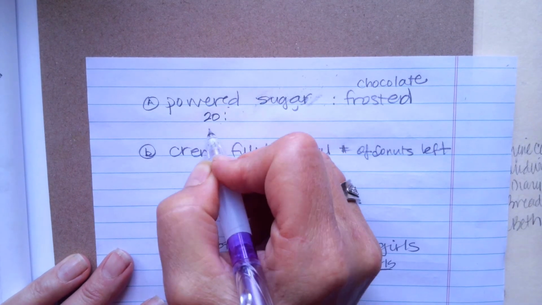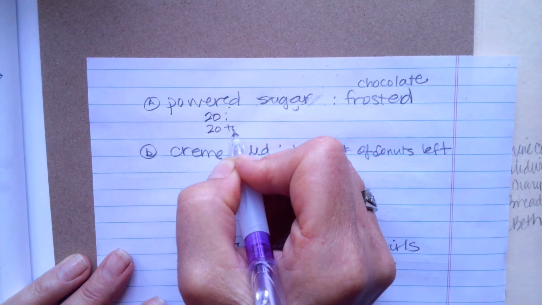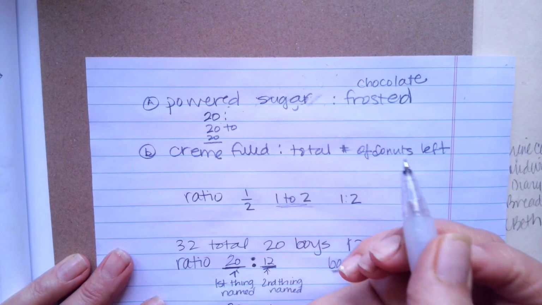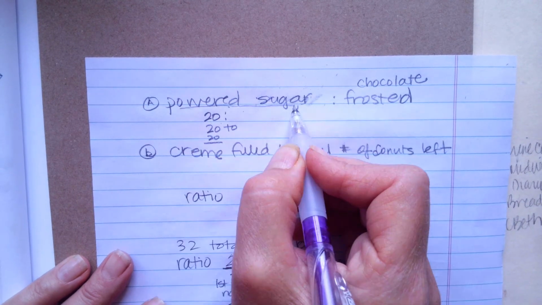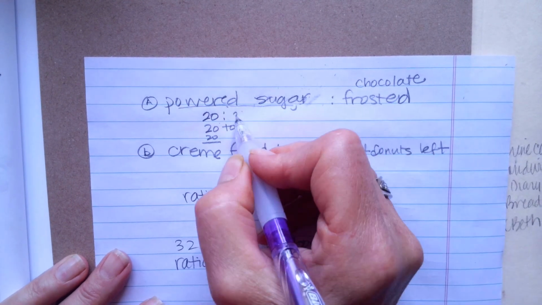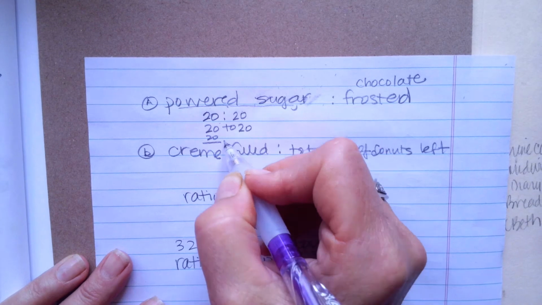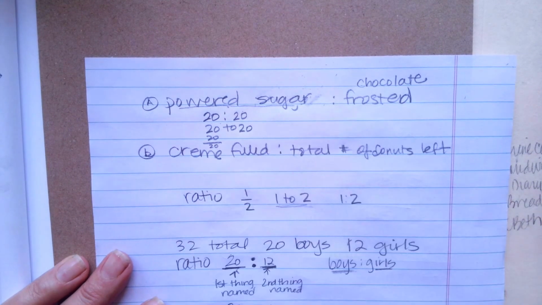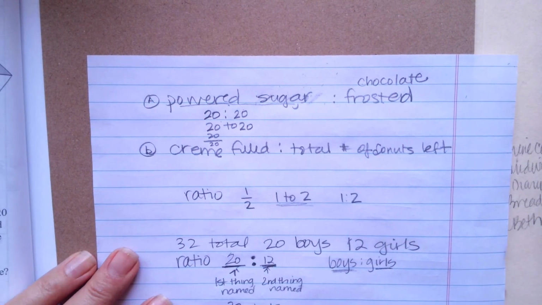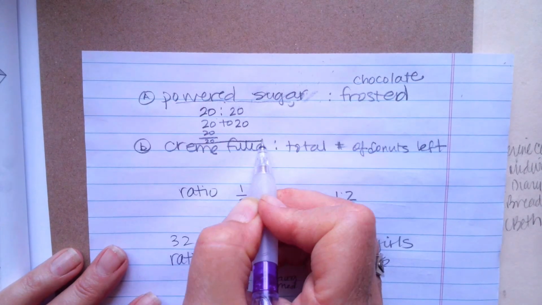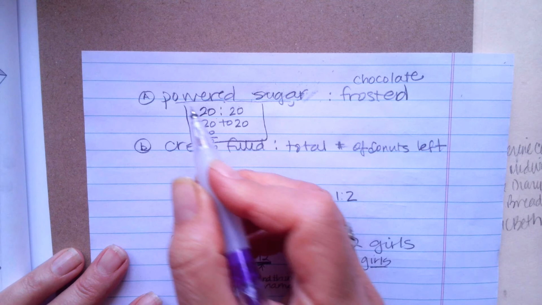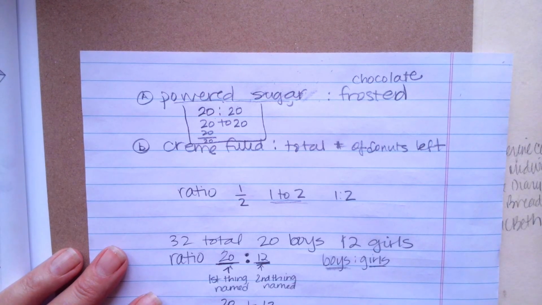Well, there's 20 powdered sugar, and there's also 20 chocolate frosted donuts, so they're the same. Yep. So the powdered sugar would be 20, and then the chocolate, so it'd be 20 to 20, 20 to 20, and then 20 over 20. So you can write it all three ways. Okay, since chocolate and powdered sugar are the same, can you reverse it and put chocolate first and powdered second?